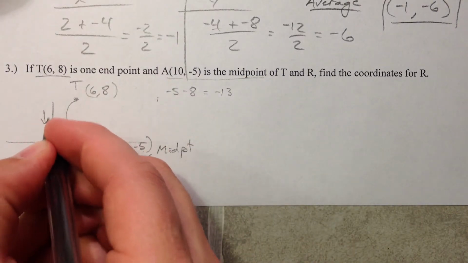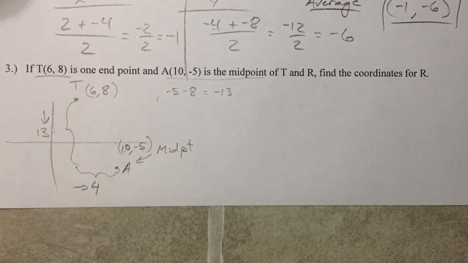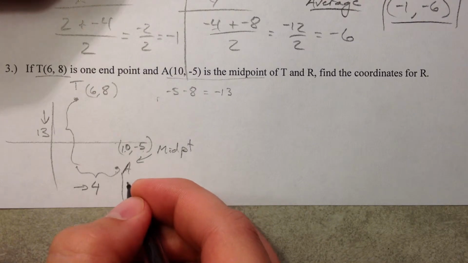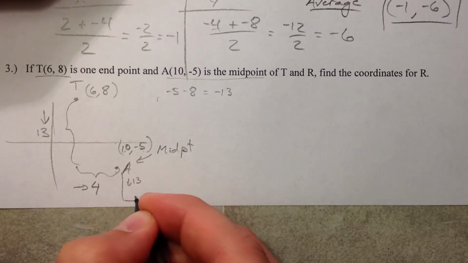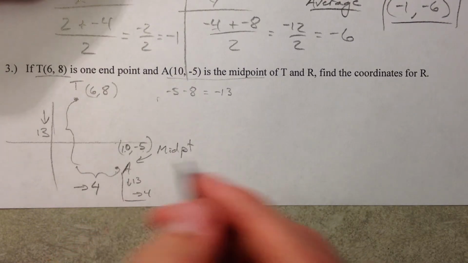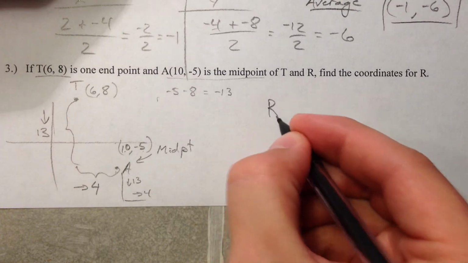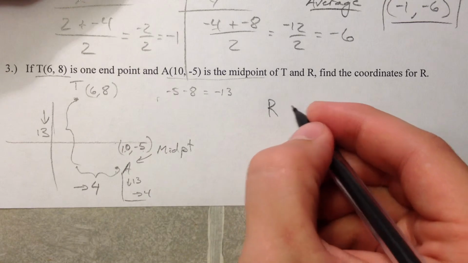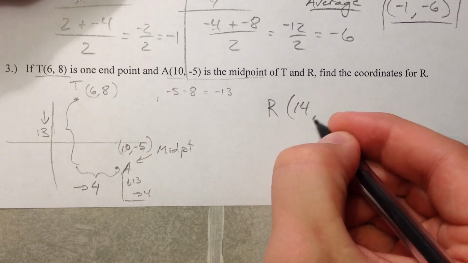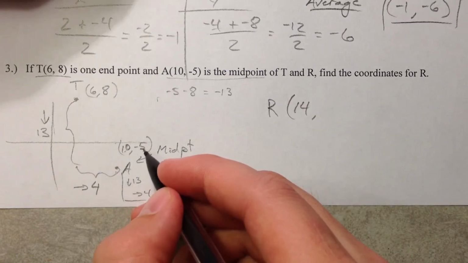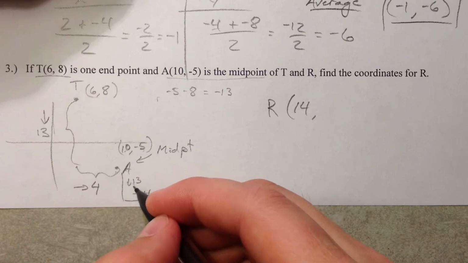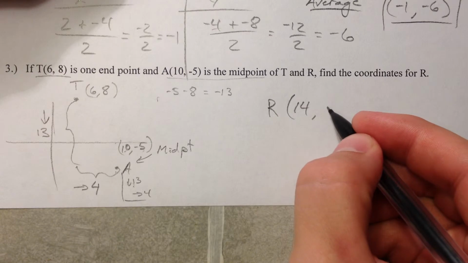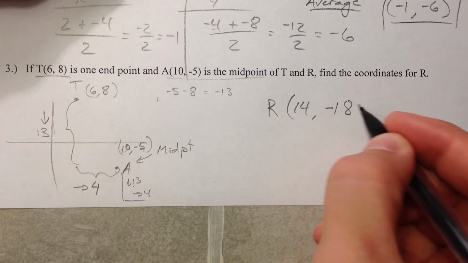So we're going to go down 13 and over 4 to find R. 10 over 4 gets us to 14. And negative 5 and down another 13 is going to be negative 18.